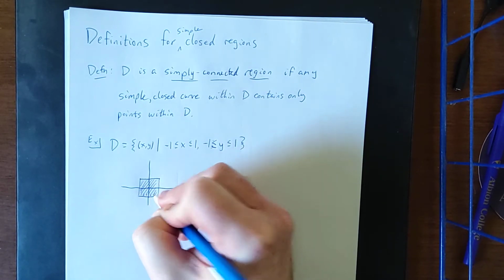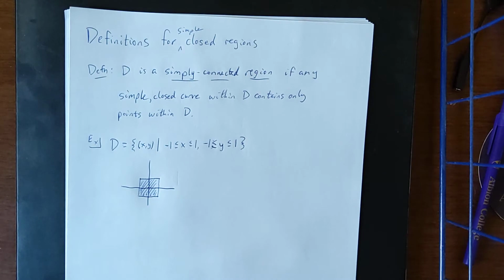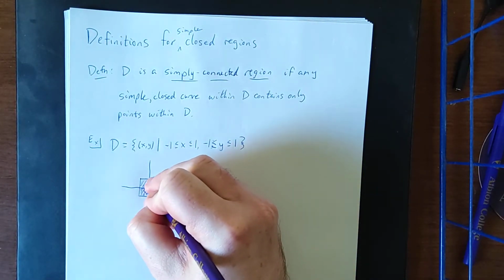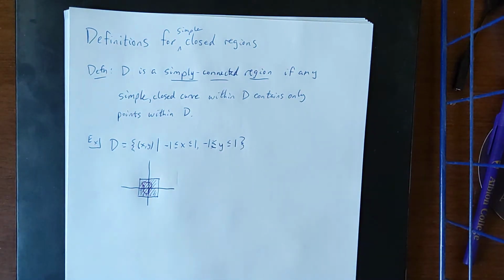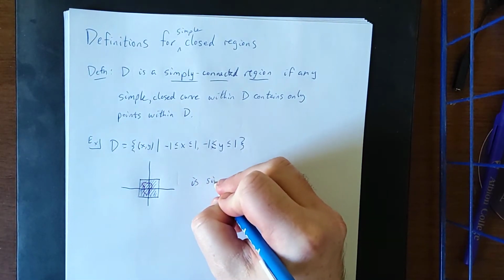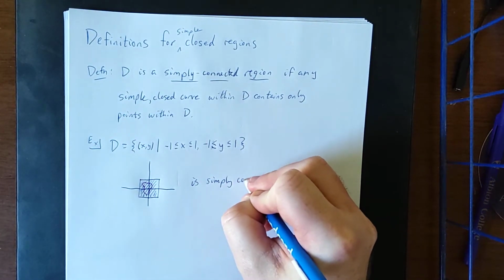This region right here would be considered simply connected because any closed simple path that I can create within here is going to contain only points that are within the interior of D. So this is simply connected.